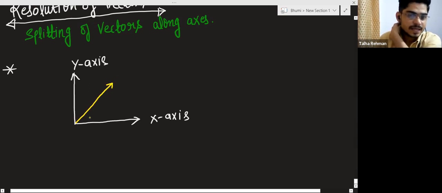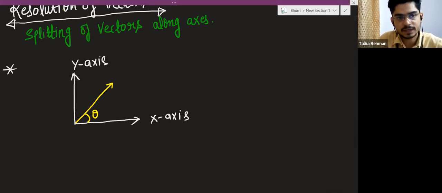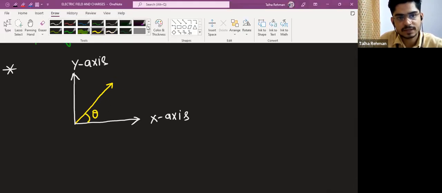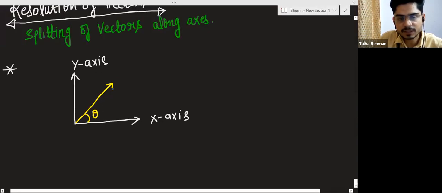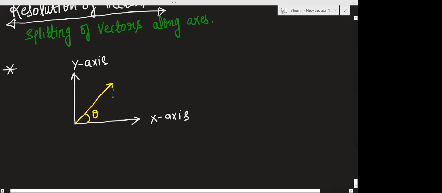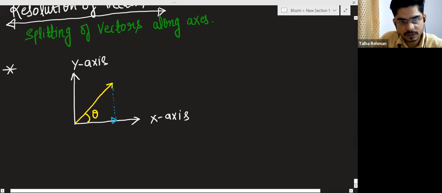And this vector is making an angle theta with x-axis. Then we can split this vector along this axis and along this axis.